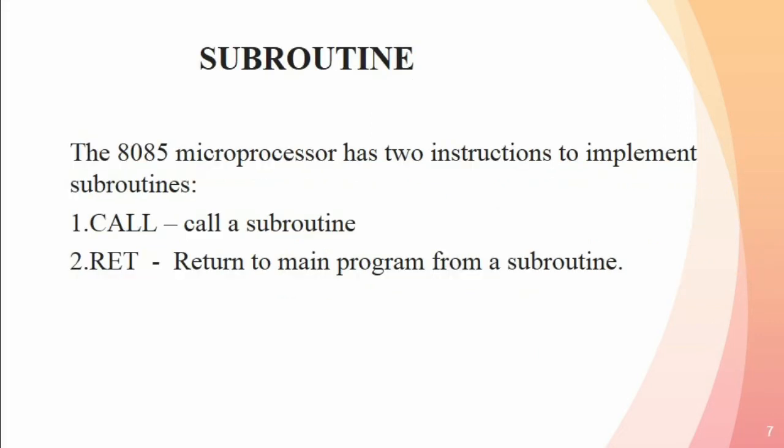The 8085 microprocessor has two instructions to implement subroutines: CALL and RETURN. The CALL instruction is used in the main program to call a subroutine, and the RETURN instruction is used at the end of the subroutine to return to the main program.